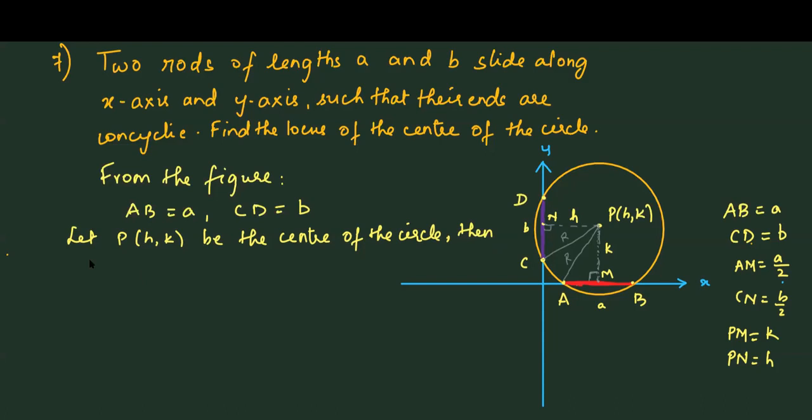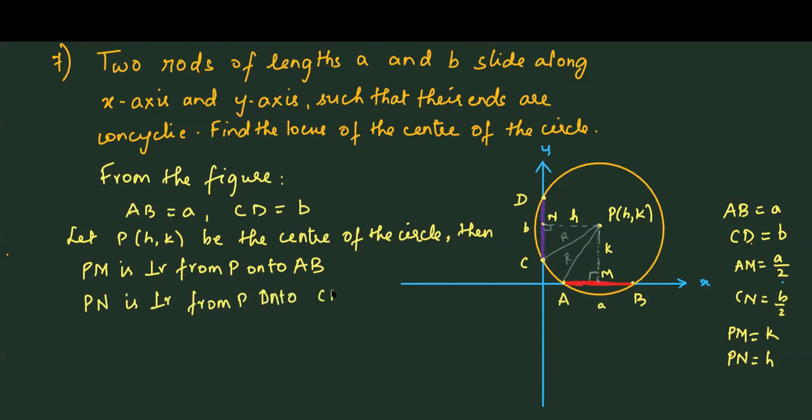Then PM is the perpendicular from P onto AB, and PN is the perpendicular from P onto CD.